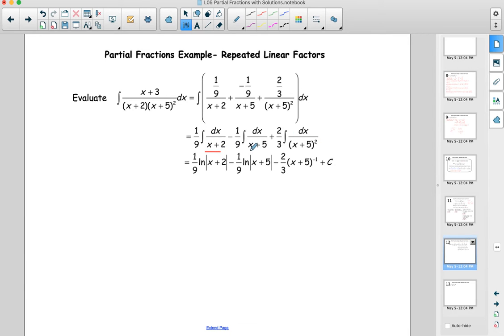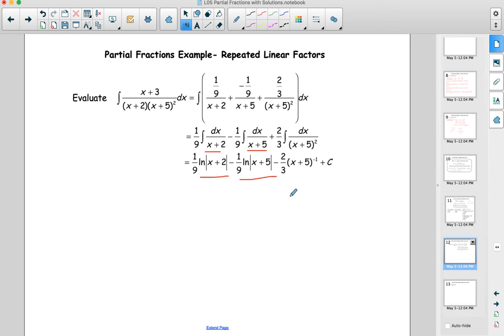The antiderivative of the first two will be lns. So this is going to be 1/9 the ln of the absolute value of x plus 2 minus 1/9 the ln of the absolute value of x plus 5. These were monic here, so I don't need to divide by the coefficient of x.